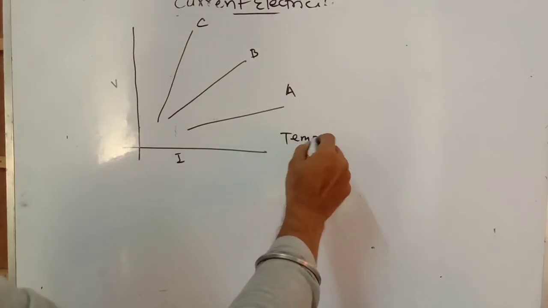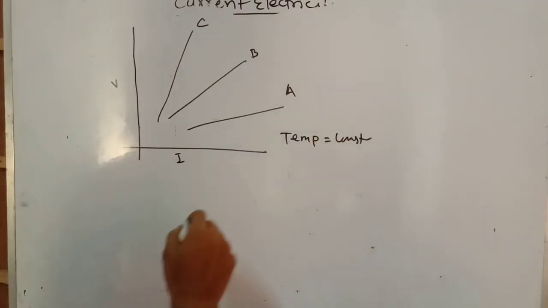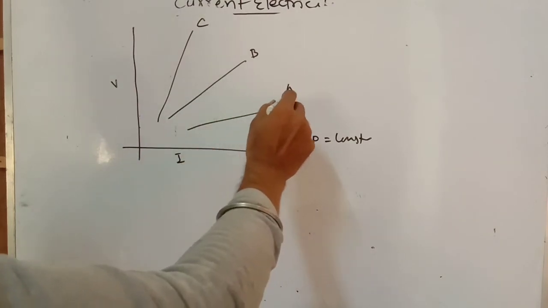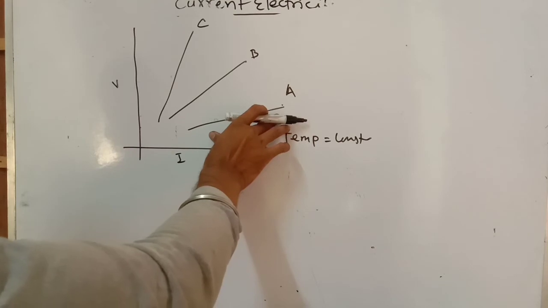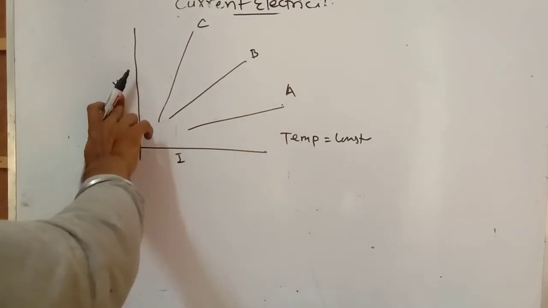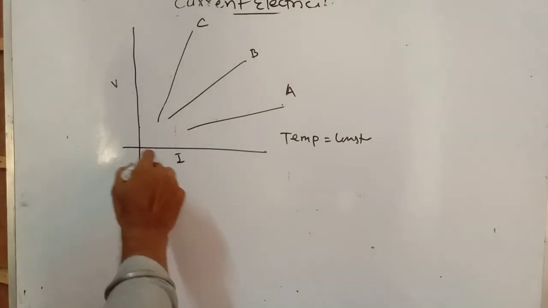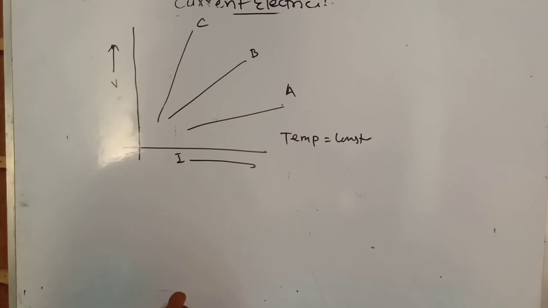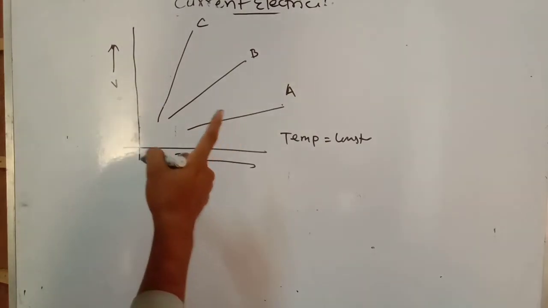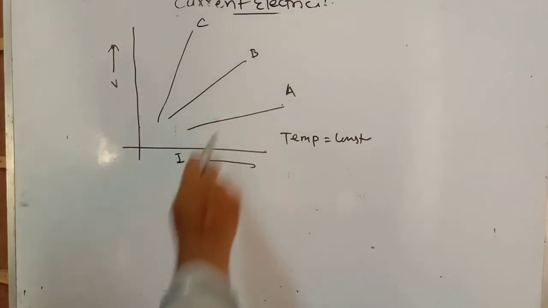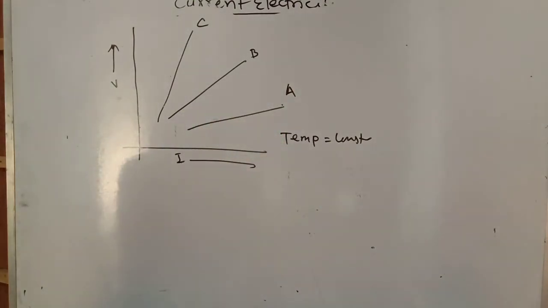Here, this is the I axis and this is the potential axis. So what is the order of resistance of conductors A, B, C?